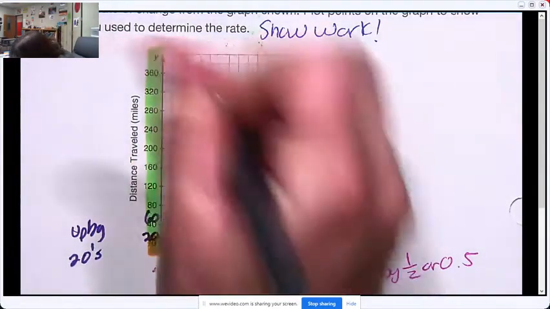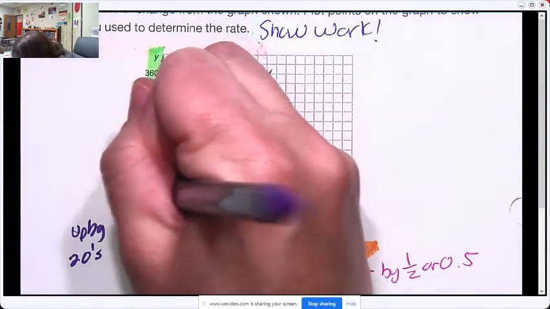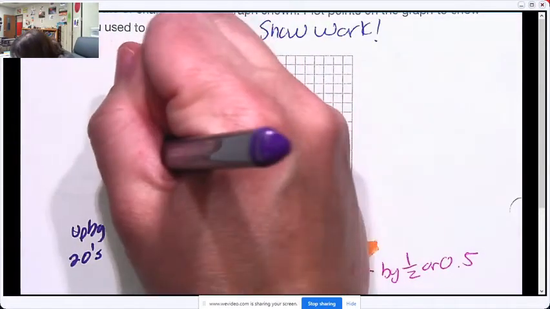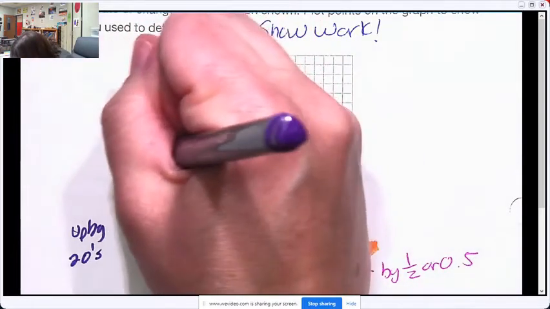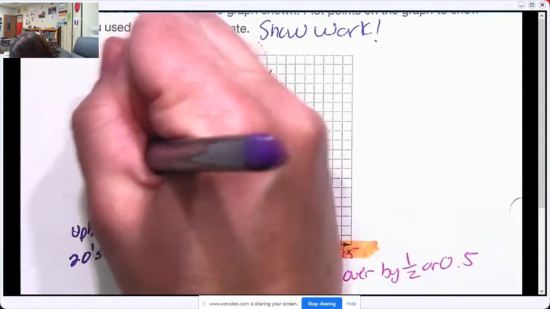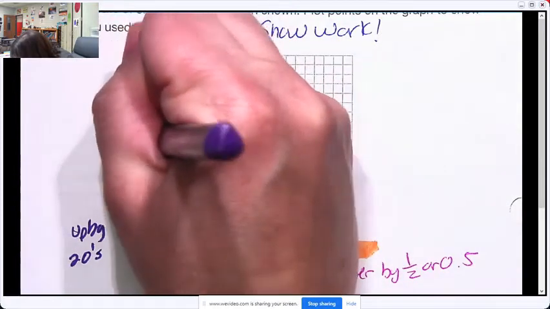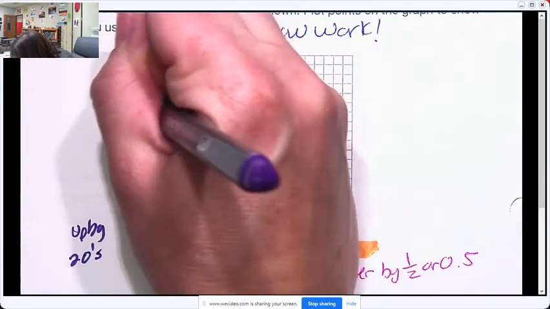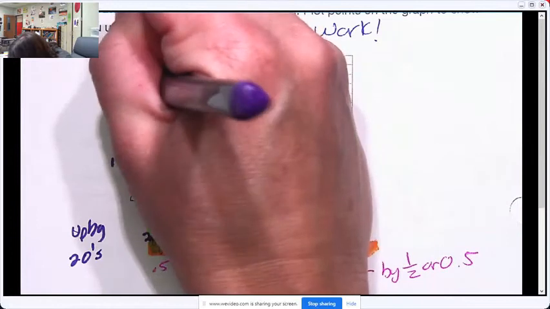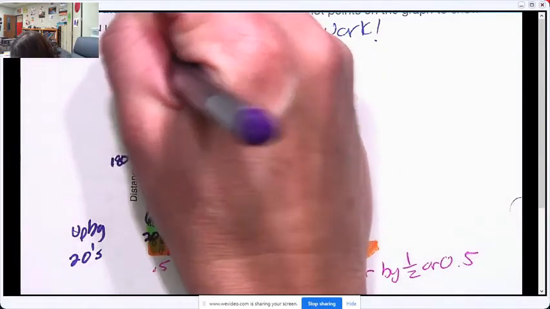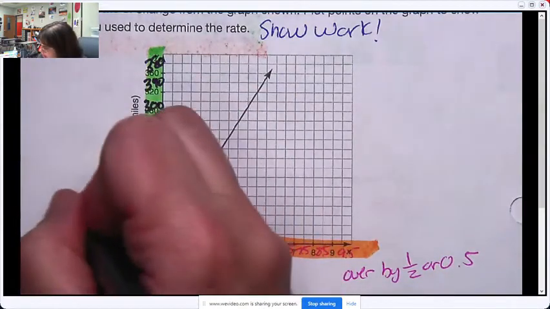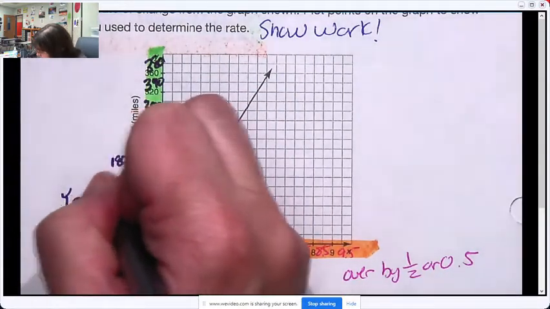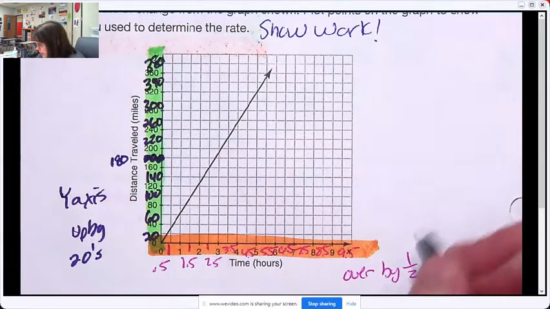And I'm just, as a math student, going to fill these values in by adding 20 every time. So it should be 180, 220, 260, 300, 340, 380. Okay? So this is my y-axis scale, and this is my x scale.